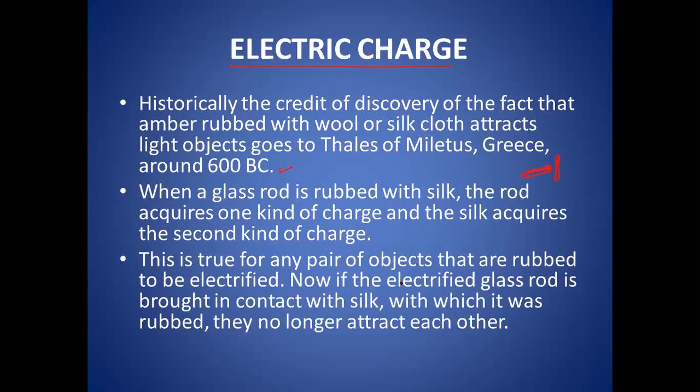Now if the electrified glass rod is brought in contact with the silk with which it was rubbed, they no longer attract each other. Suppose we rub these two and after some time bring them together, they will not attract each other, meaning the effect of charge is finished, no charge is present and the effect is reduced.